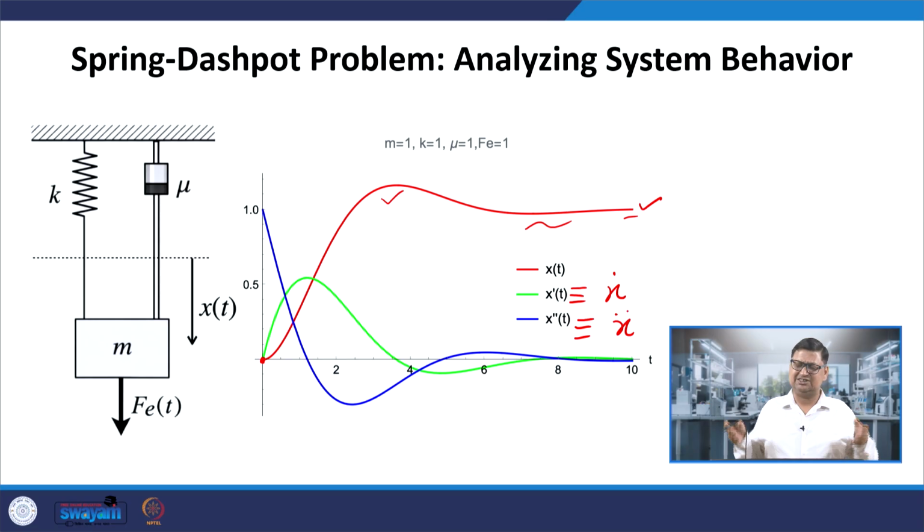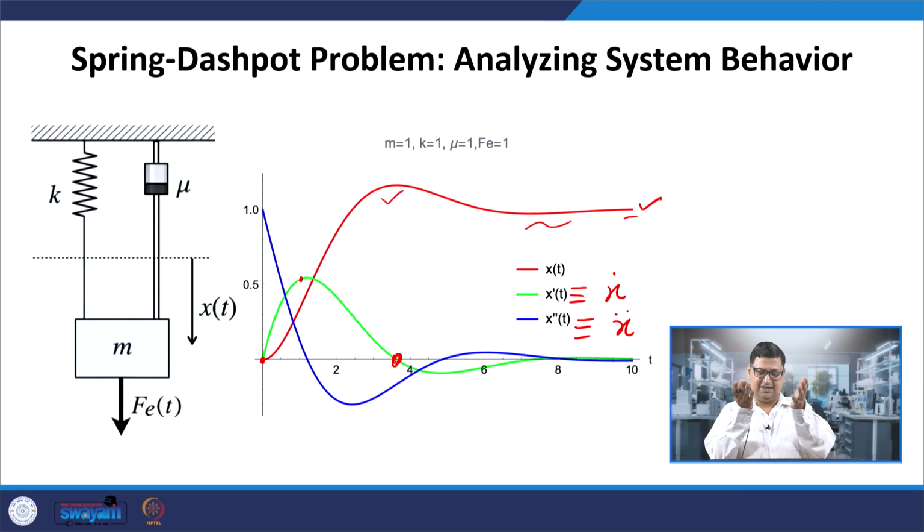The block was stationary to begin with. The velocity will increase to a point of maximum, and then it will start to decrease, but remain in the downward direction. Positive velocity means downward direction, but there will be a point where the velocity will start becoming negative. So the block will start moving up. That is what I mean by the oscillation.